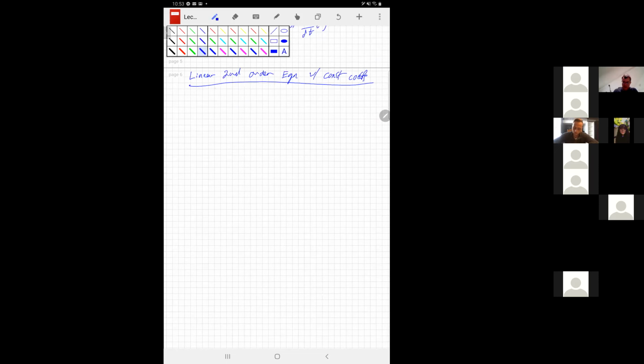Because it turns out that such equations show up all the time. If we have m d squared x by dt squared equals minus kx, this is mass times acceleration. This is a spring force.